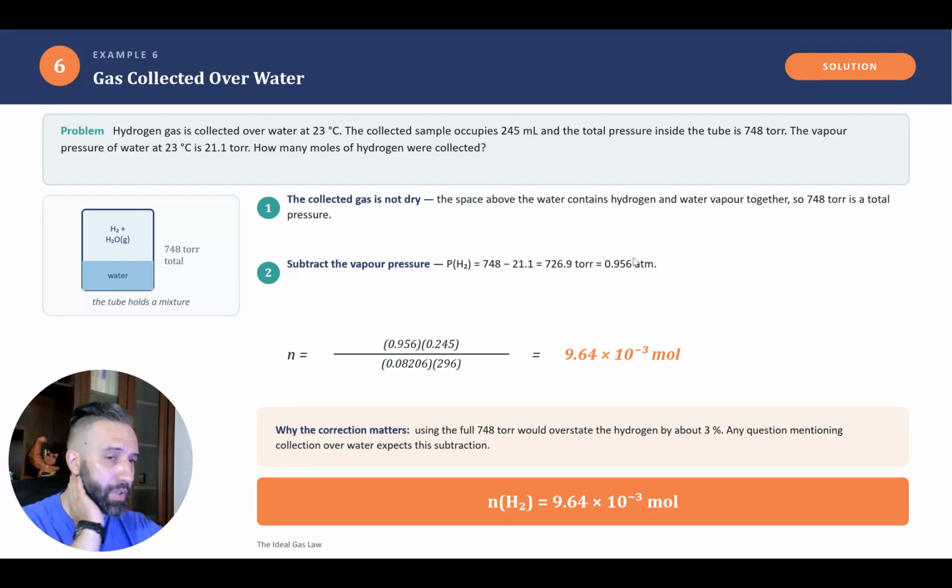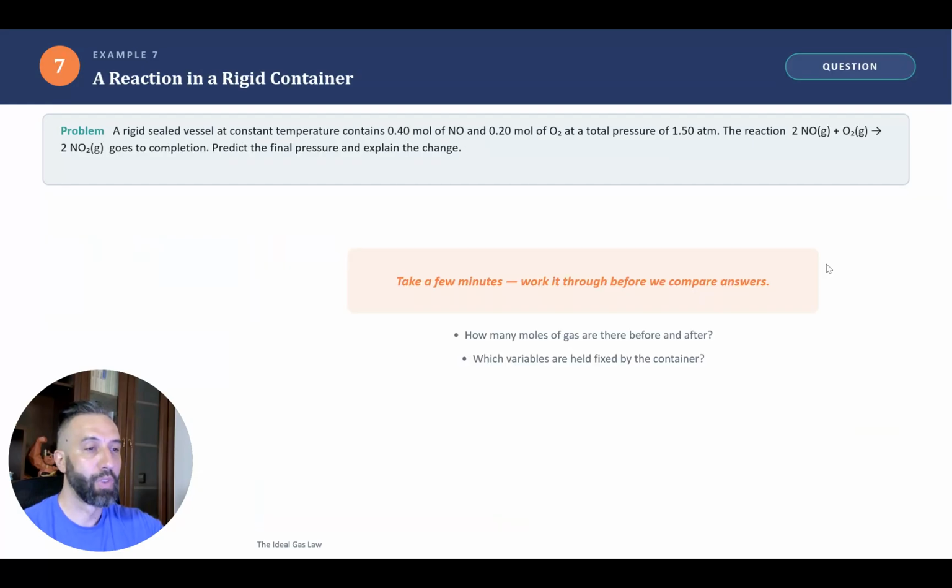Mostly people want to use atm because that's most commonly given in AP curriculums. And now you just need to plug that into the ideal gas equation, because you've got the volume, the temperature, and the P. The n is what you have to calculate, so you can just calculate n from the ideal gas equation.